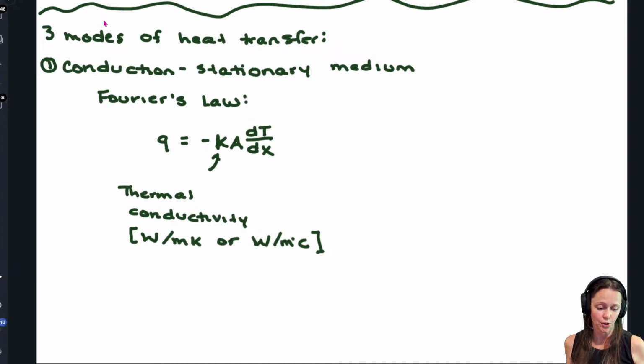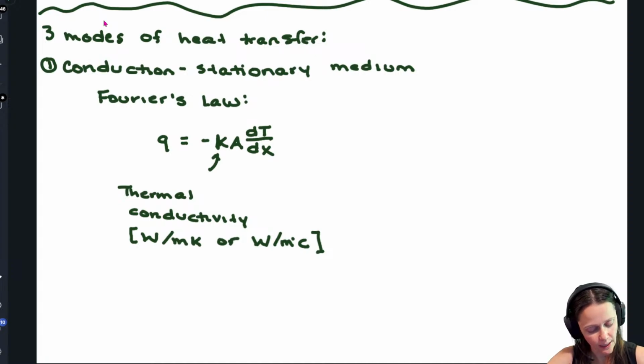Let's say that your thermal conductivity is 3 watts per meter Kelvin. That's the same as saying it's 3 watts per meter degree Celsius, because the per Kelvin or per degree Celsius is per temperature change, and a change of 1 Kelvin and a change of 1 degree Celsius are exactly the same amount.